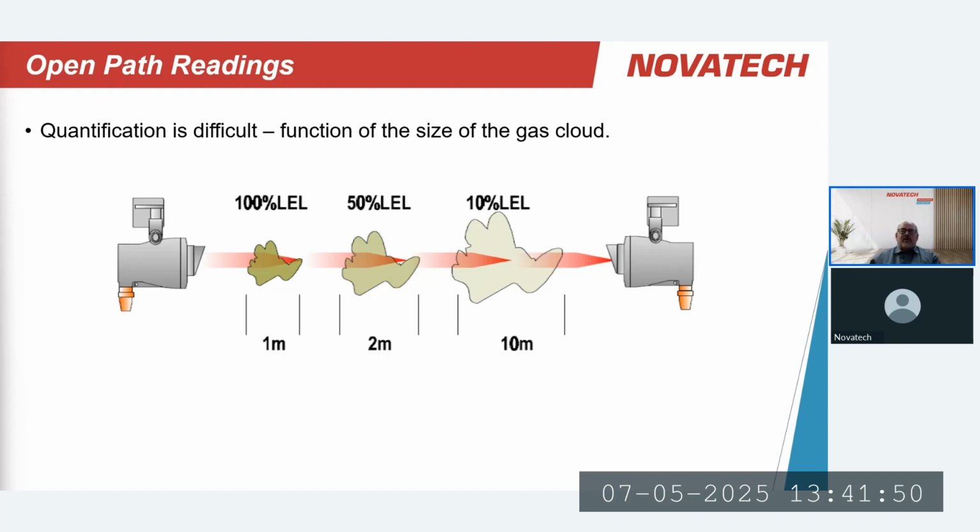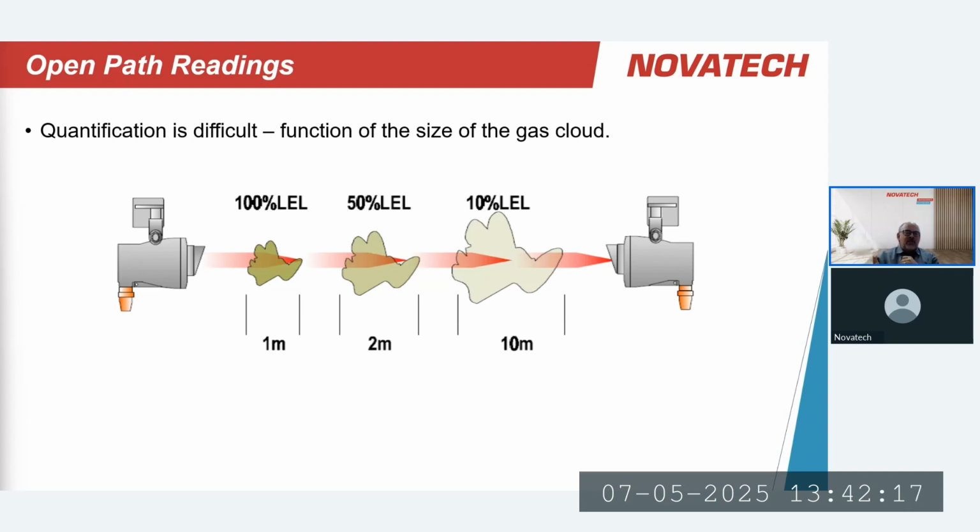But the second part, which is really the part that most people struggle to get their head wrapped around, is quantification. When you think about the little infrared gas detector that has a path length measured, maybe 1 centimeter or something of that nature, you assume that the entire volume of that cell will be filled with a homogeneous gas mixture, and that the concentration throughout the cell is consistent.